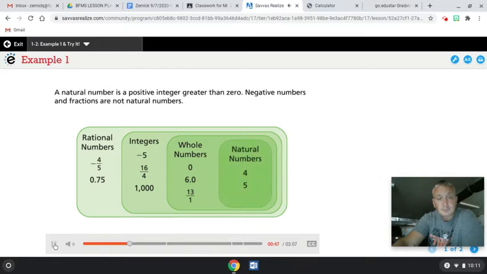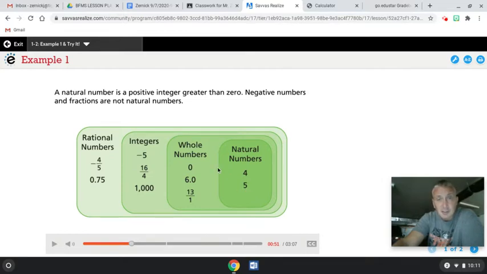A natural number is a positive integer greater than 0. Natural numbers, you may remember those as the counting numbers. So when you start to count, you start at 1, 2, 3, 4. Those are all your natural numbers. The only difference from a natural number and a whole number is that a whole number includes the number 0. Some mathematicians say that natural numbers have 0 in them as well.